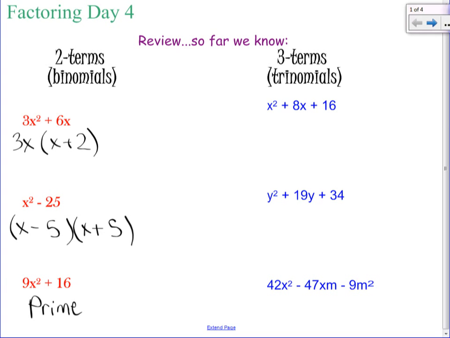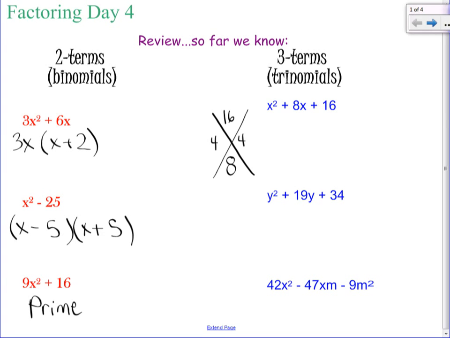All right, when we have three terms, what is our first step every single time? We still ask what we can take out. Okay, and then we'll draw the x. But can we take anything out of this first one? No. So we draw the x. What goes on top? 16. 8. What two numbers work?